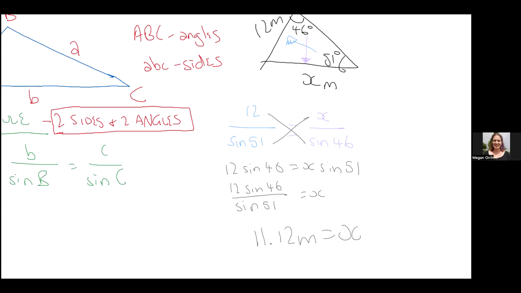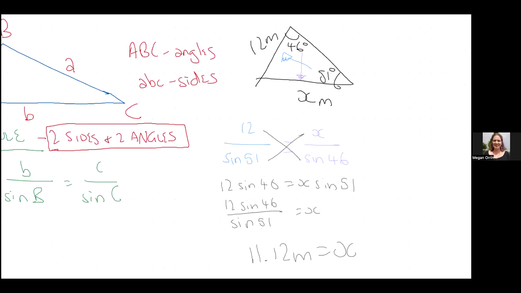Okay, that is what you should have got. If you didn't get that, what should we get? Oh, sorry, you are right. I did not look at that properly. 11.11. All right.